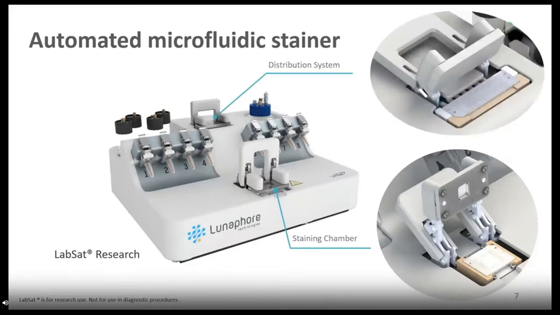Another important microfluidic element of the system is the distribution chip. It acts as a gateway between the reservoirs and the chamber and ensures the proper control of the flow towards the tissue. Reagents are pushed from the reservoir towards the distribution system, from where their dispense is controlled, to the staining chamber. Once the reagent is finished, it is simply discarded to a liquid waste.